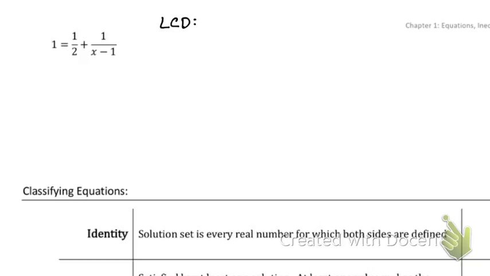So if this was 1 over 3, we'd have something else to multiply by. We only have a 2 and an x minus 1. So to get my lowest common denominator, we're going to multiply denominators. In this case, we are going to have just 2 times x minus 1.